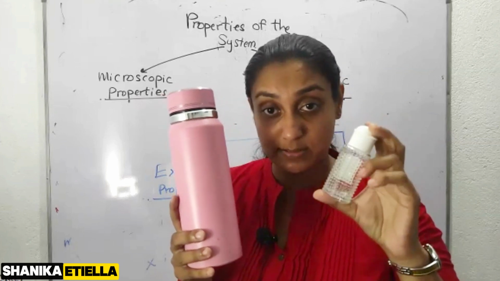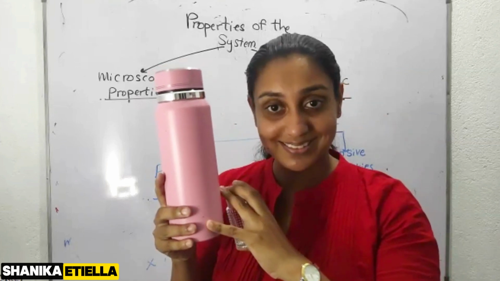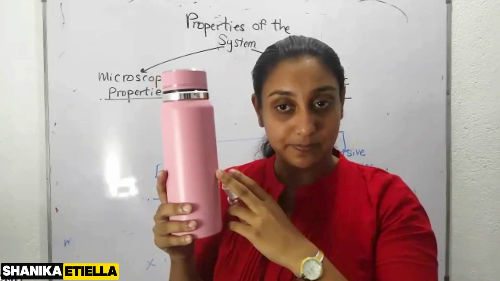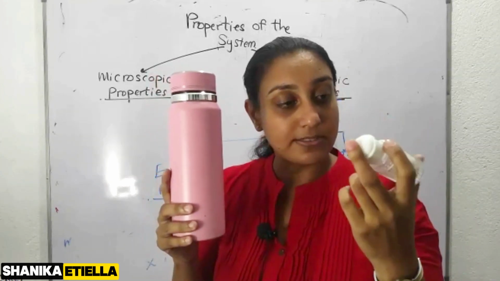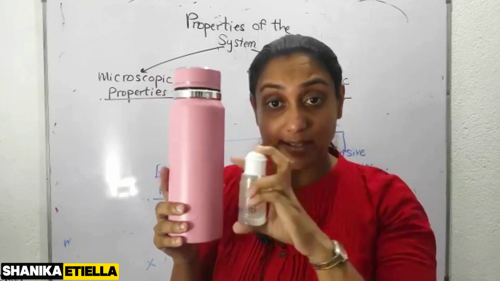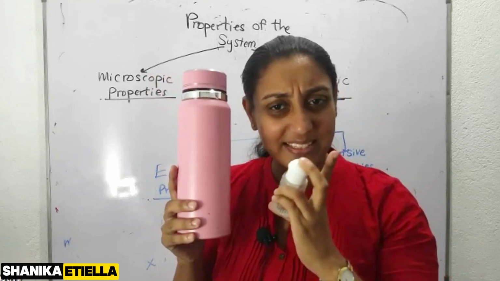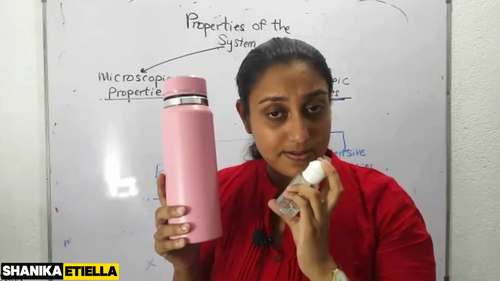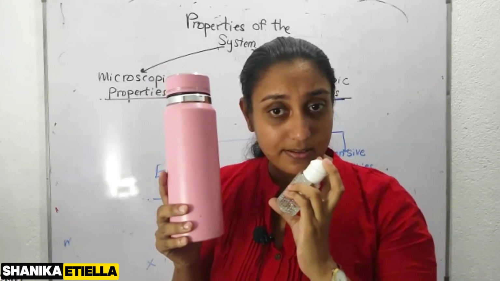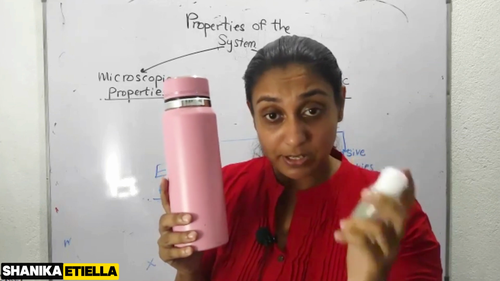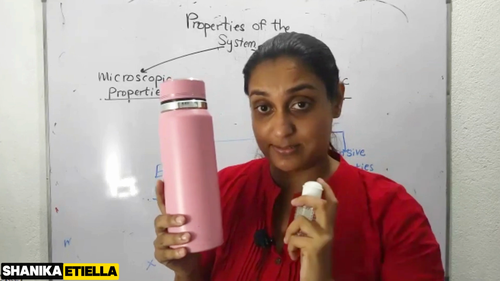This system is smaller than this one. Because the system is small, the volume of that system is less than this system. Clear? Then volume depends on the size of the system.